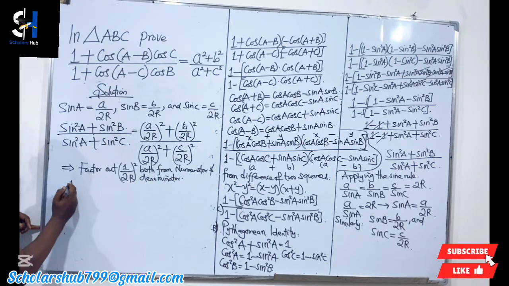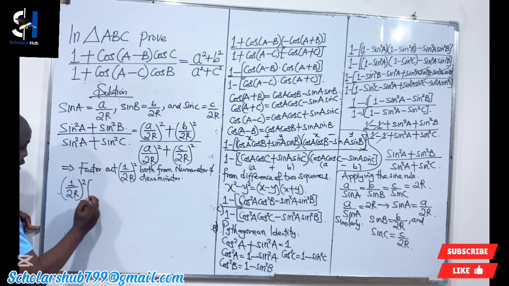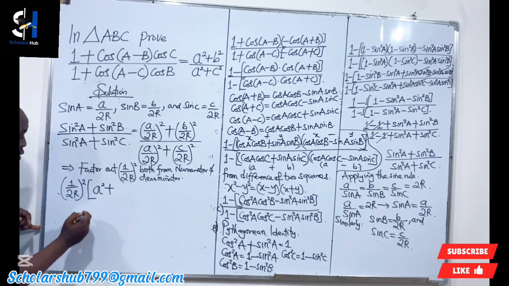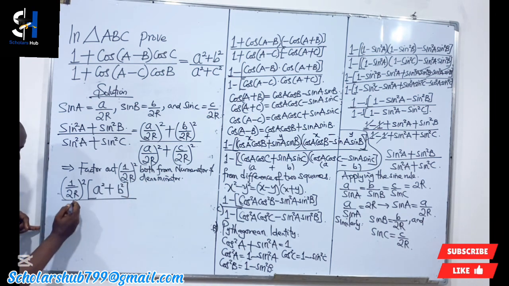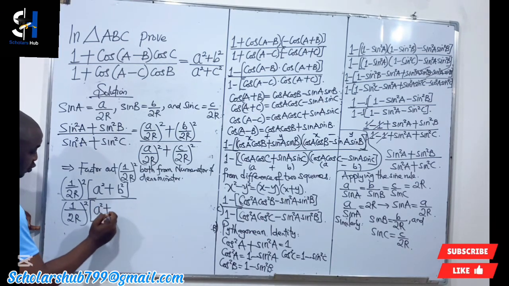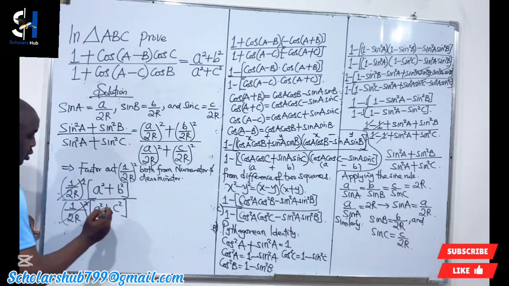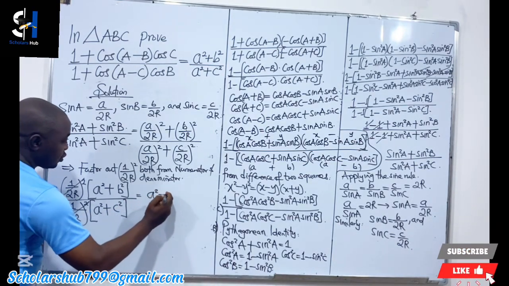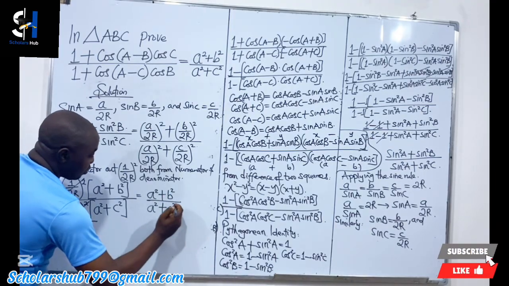Then I'll open a square bracket, and we'll be left with a squared plus b squared, divided by a squared plus c squared. So this will cancel this. So now we have a squared plus b squared divided by a squared plus c squared.